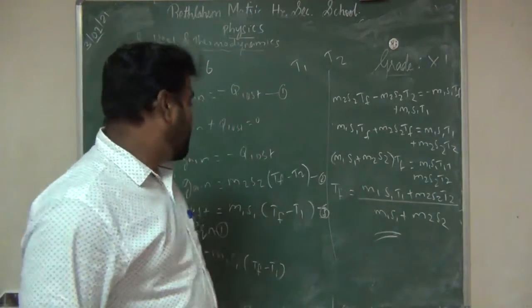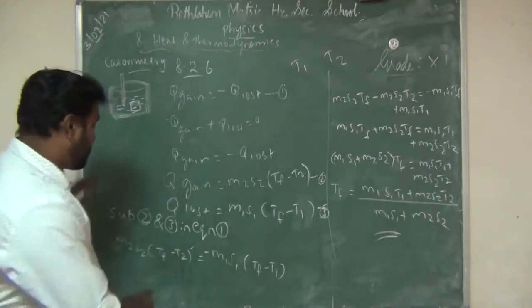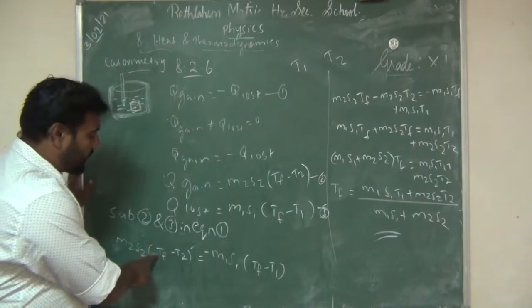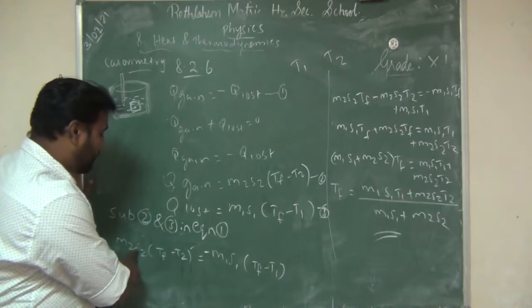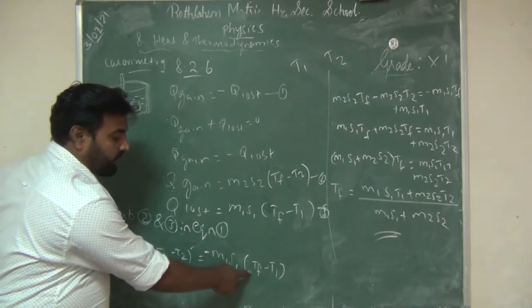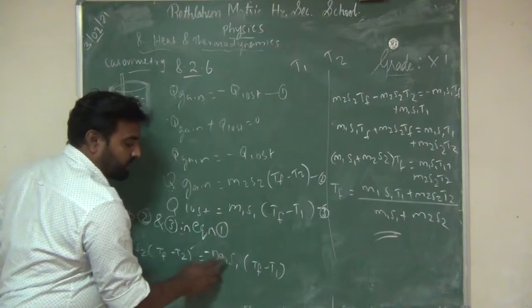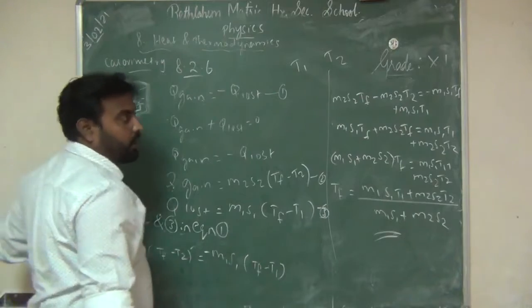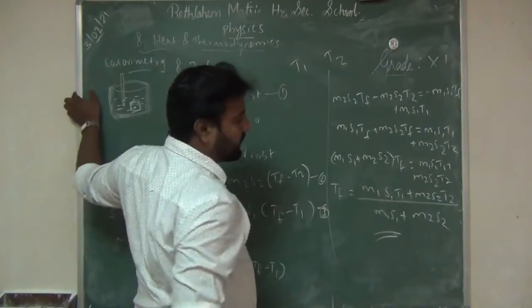Now what you can do is multiply: M2 S2 Tf minus M2 S2 T2 equal to minus M1 S1 Tf, minus into minus is plus, then M1 S1 T1. That is this step.